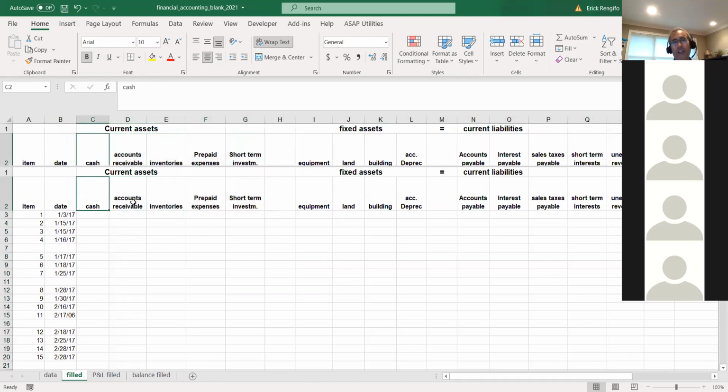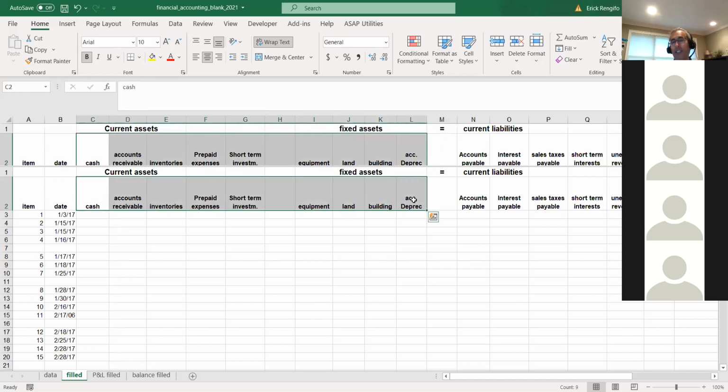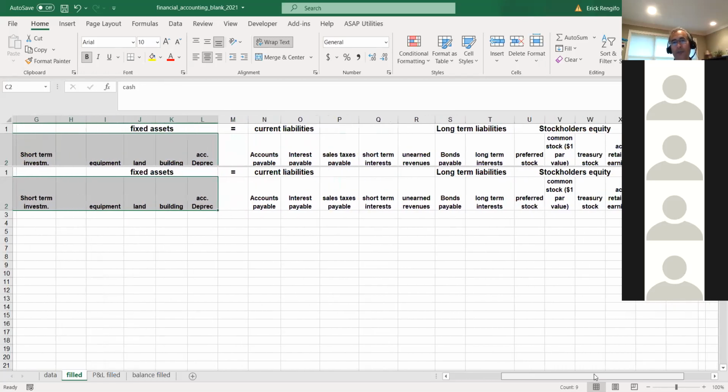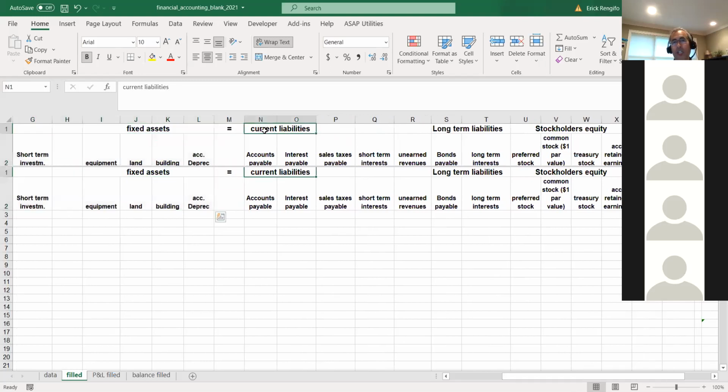I have cash, accounts receivable, inventories, prepaid expenses, short-term investments. My fixed assets are equipment, land, building, and accumulated depreciation. All this part equals my assets, A. And remember, we want A to be equal to what? Liabilities plus equity.